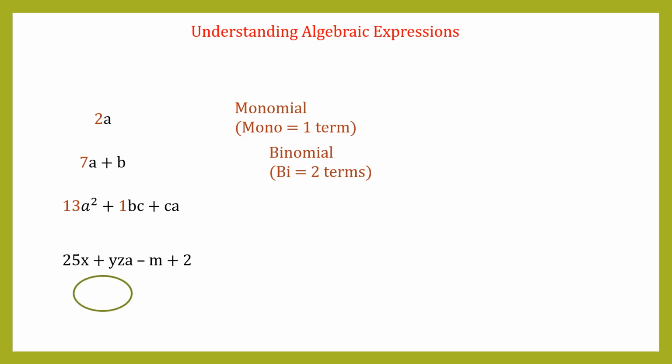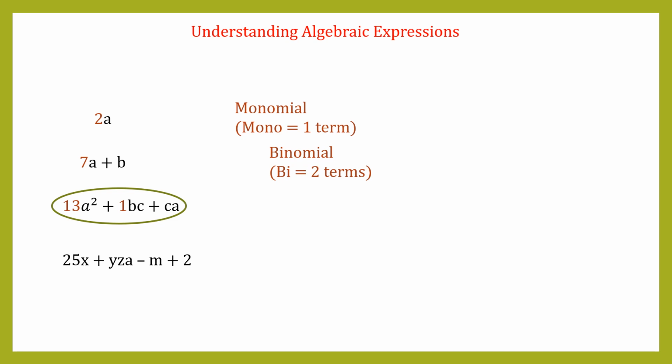Let's take up the third example. 13a square plus 1bc plus ca. Now, dear children, how many terms you can see? Yes, there are three terms. That is 13a square is first term, 1bc is second term, plus ca is third term.